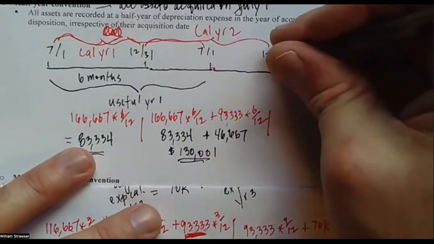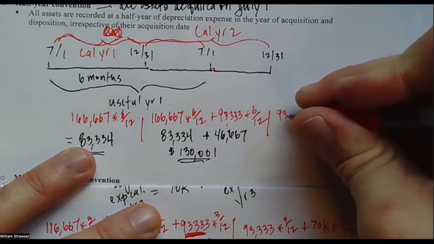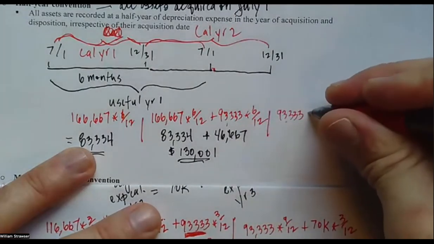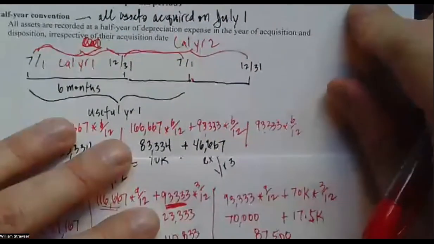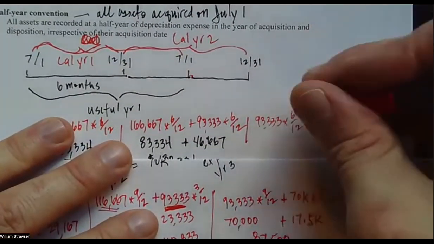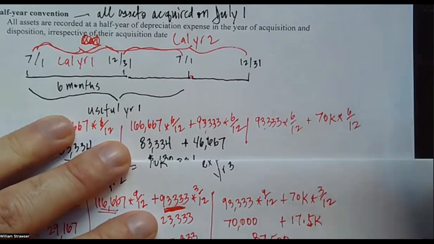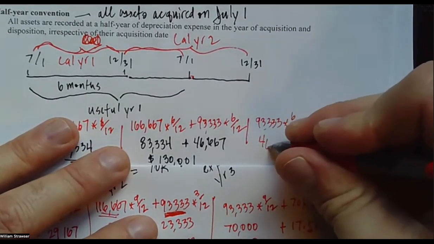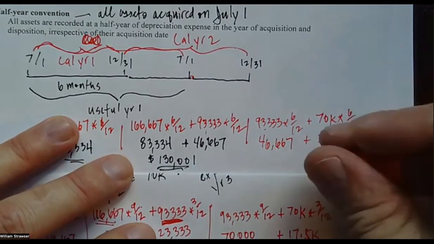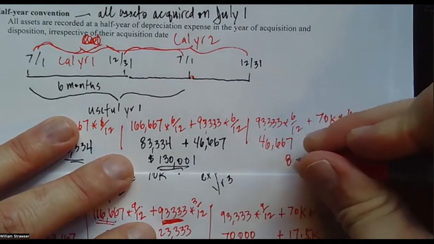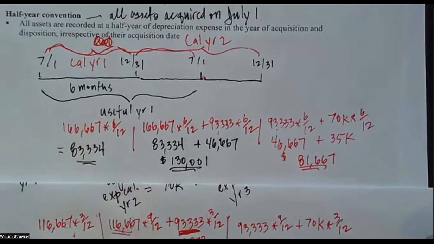If I carried it over into the next calendar year, it would be 93,333. We still have 6 months of that left. And I would add to it, remember now, the third useful year, 70,000 times 1/2. And I get 46,667 plus 35,000 even. So that becomes 81,667. And that's my third calendar year's depreciation expense.